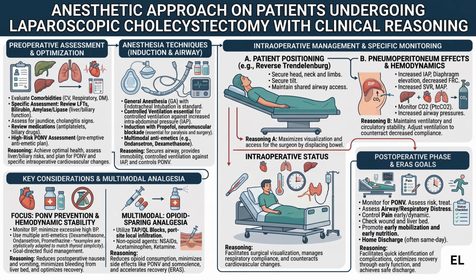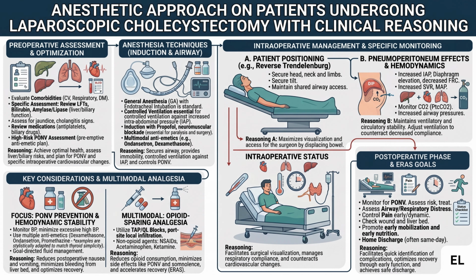However, positioning also affects circulation because elevation of the head can reduce venous return and contribute to hypotension. Therefore, the patient must be secured properly to prevent sliding from the operating table, and pressure points must be padded carefully to avoid nerve injuries. Throughout surgery, continuous monitoring of blood pressure, oxygen saturation, heart rate, and ventilation remains extremely important.